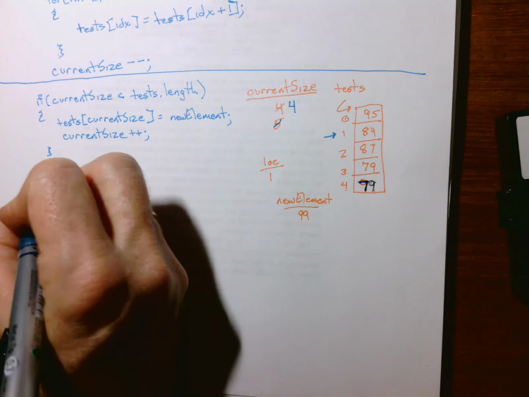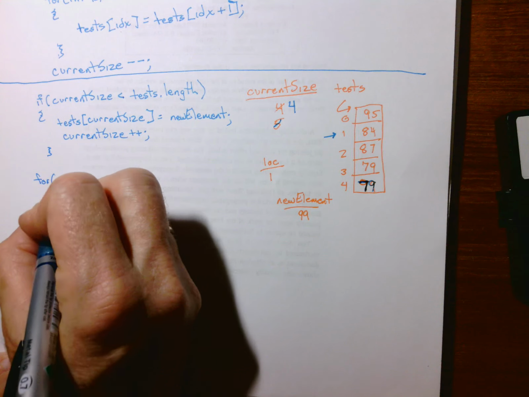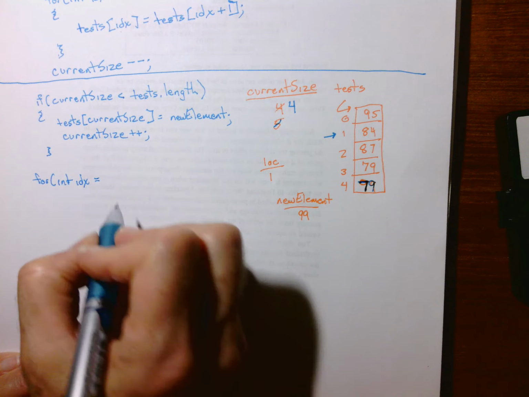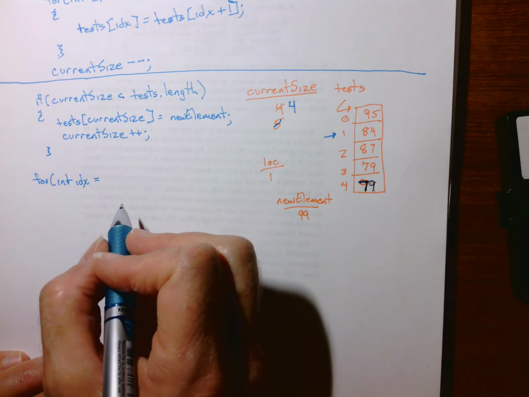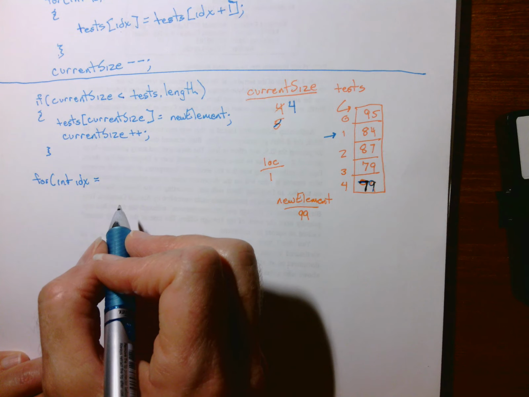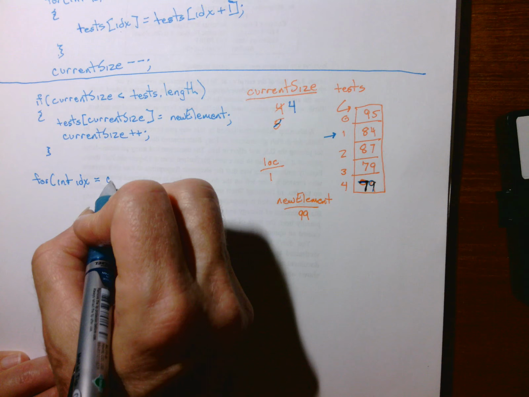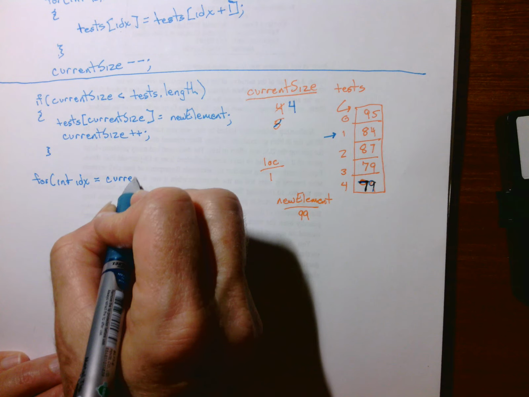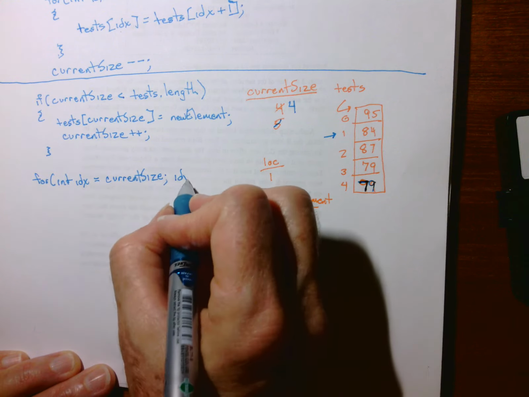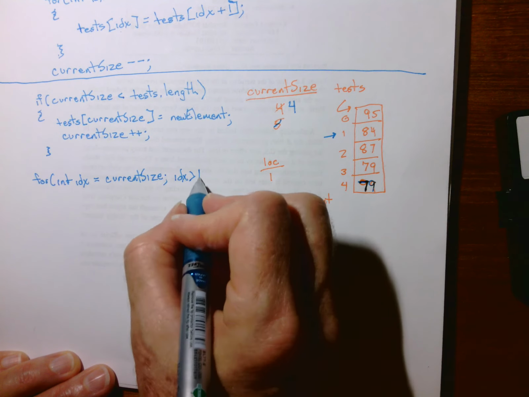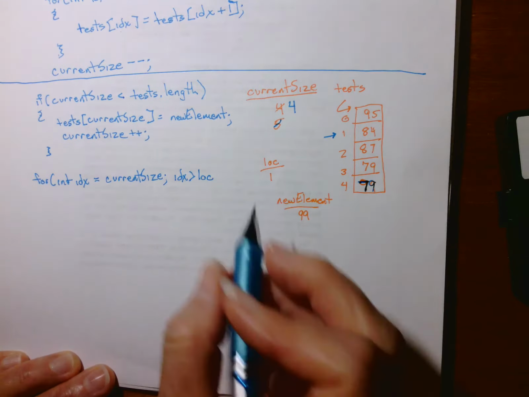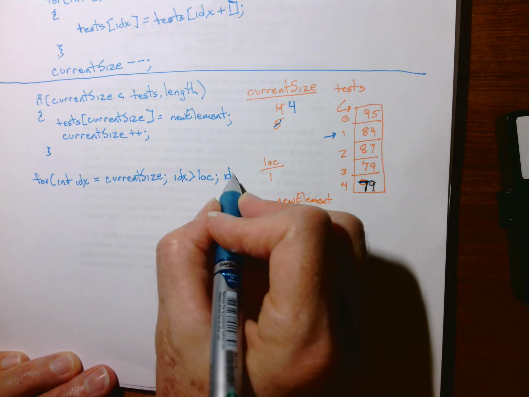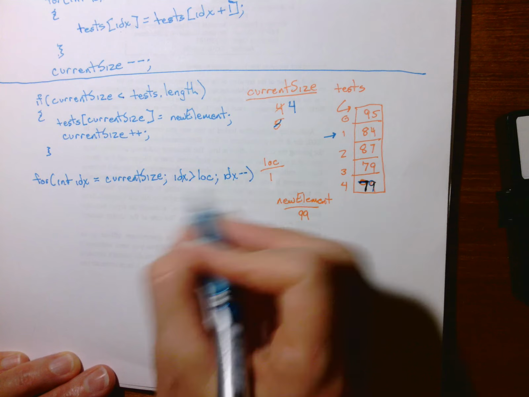So what we're going to do is start another for loop. I like using IDX for a loop control variable, and I'm going to set that equal to current size. Then I'm going to keep looping as long as IDX is greater than LOC, where LOC is the location where I want to insert that element, and then IDX minus minus.